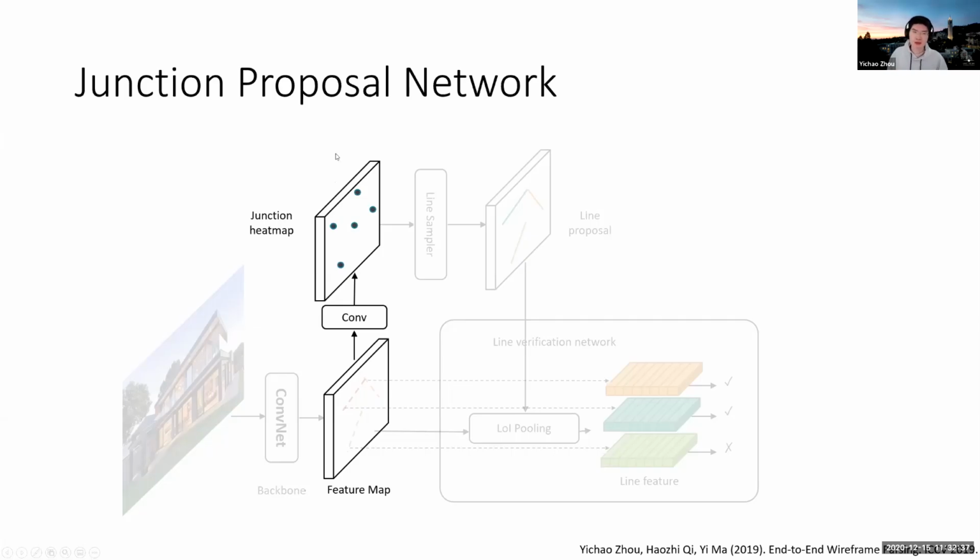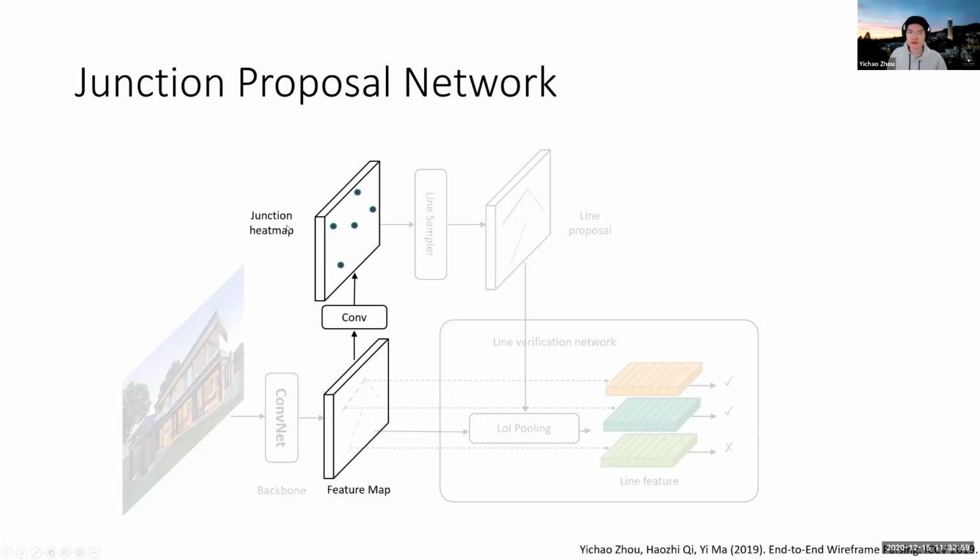You do another convolution and add supervision to this heat map during training, to predict the junction heat map. We still use a junction heat map because it is easy to process. To vectorize it, you just need to do a thresholding or a non-maximum suppression on it.